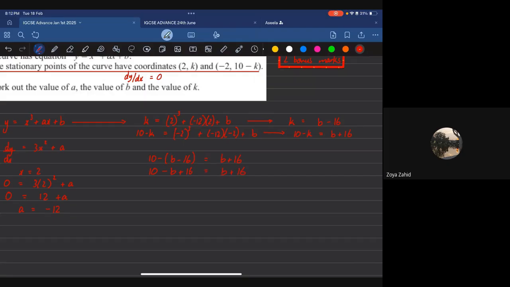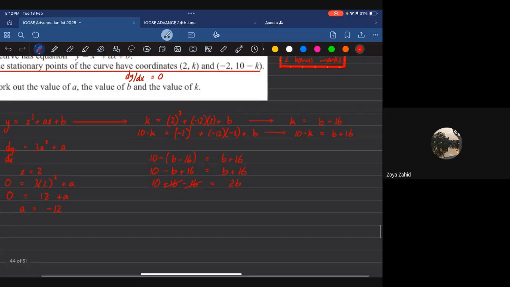Minus b can go to the other side, so it's going to be 10 plus 16 minus 16 is equal to 2b. So 2b is equal to 10. So b is equal to 10 over 2. b is equal to 5.